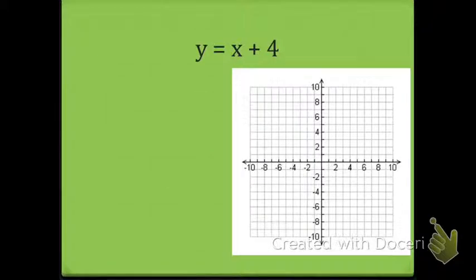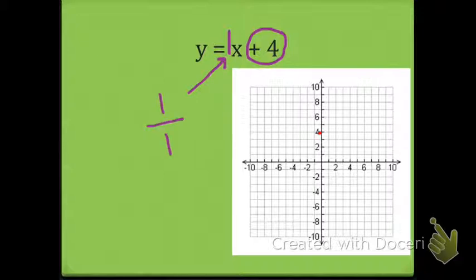The next one, and we're trying to show you lots of different things you might encounter in your assignment. Look right there at the y-intercept. Again, it's at 4. So I'm going to put my dot at 4. But when I go to look for the number that is the slope, there's just an x. But if you remember, it means there's one x available. So your slope is going to be 1.